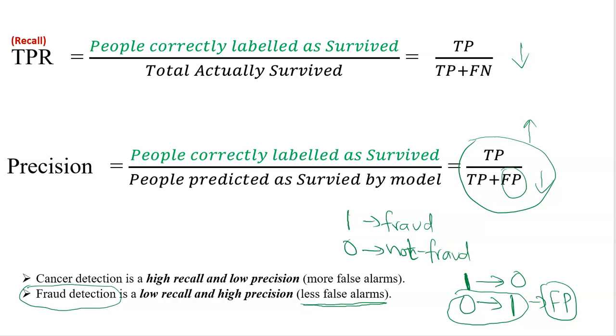And if you're in the medical industry, you have to be more careful with patients and run more tests, because having more tests is fine, but not identifying patients with the disease is more dangerous.